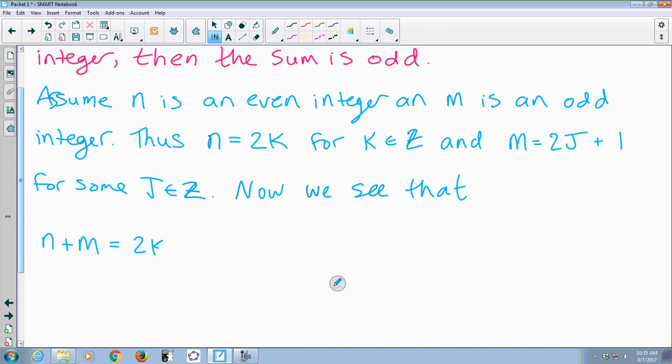So I've got 2k plus 2j plus 1. So n was 2k, m was 2j plus 1. I'd like to be able to write this as 2 times something plus 1, because that's the definition of odd. So I want to see if I can write this as 2 times something plus 1. So I'm just going to sort of key in on these two together. If I factor a 2 out of that, I have 2 times k plus j, and then I still have the 1, right?